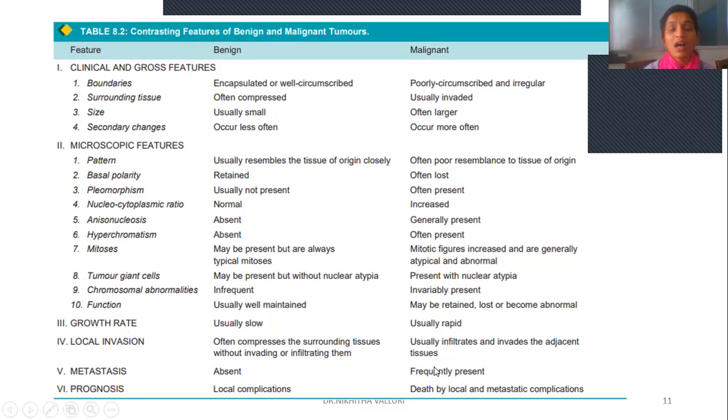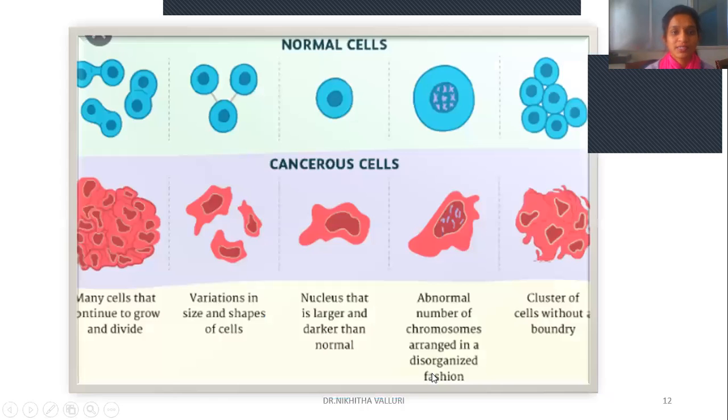Metastasis is the spreading of cancerous cells, entering the systemic circulation, and from there to different parts of the body. Prognosis: in benign, local complications can be seen because of the pressure created by compression of the surrounding tissues. In malignant, it sometimes may also cause death by local and metastatic complications. So these were the differences between benign and malignant tumors.